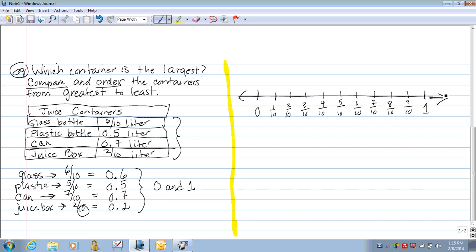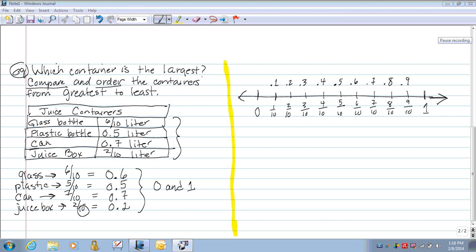Let's continue our number line. At the top of the number line, I could write those in decimal parts. That would be 0.1, 0.2, 0.3, 0.4, 0.5, 0.6, 0.7, 0.8, 0.9, and 1 whole. Push pause to draw your number line. Let's take a look at our data again.